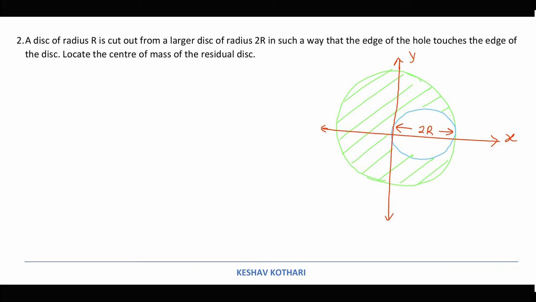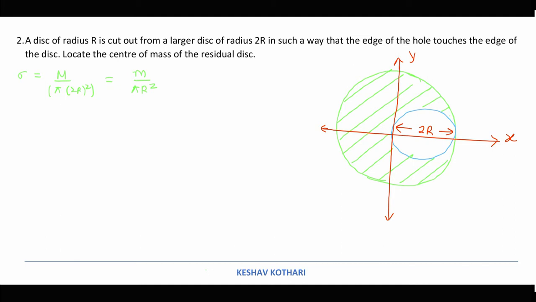So the next thing which I write over here is the expression for the mass of the larger disk and the smaller disk, that is the removed disk. So we write it in this way, that sigma equals capital M upon pi r square, which is equal to 2r in this particular case. So we will write it as capital M upon pi 2r square is equal to small m, which is mass removed, upon pi r square.